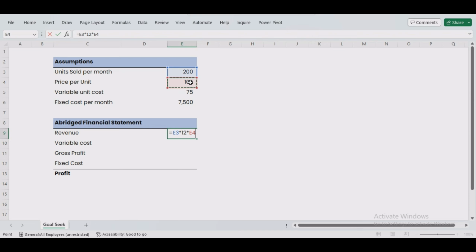Then I'll get the total revenue that I would make in a given year. Remember, 200 multiplied by 12 gives the total chickens that I would sell at the end of the year. Then I multiply by the price of every chicken, and I get the total revenue, which will be 252,000 kwacha.